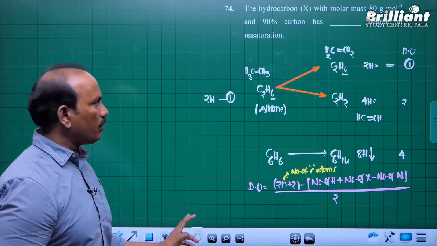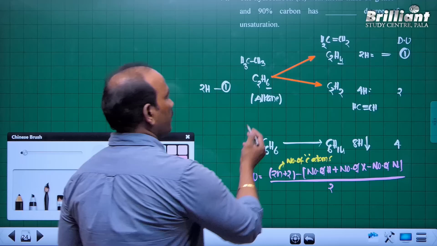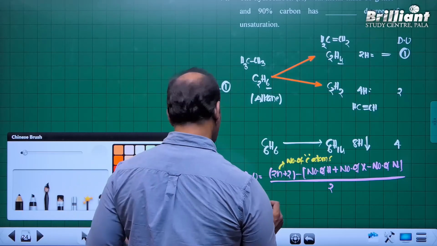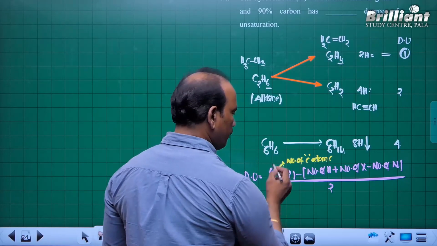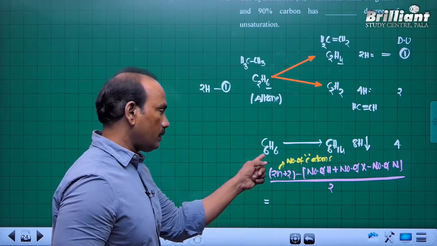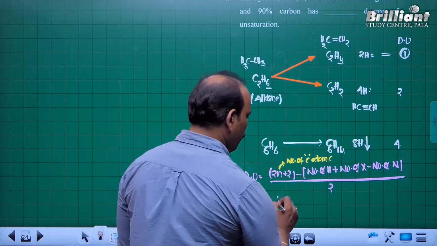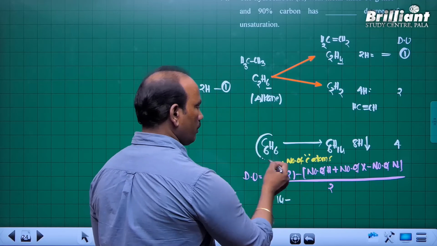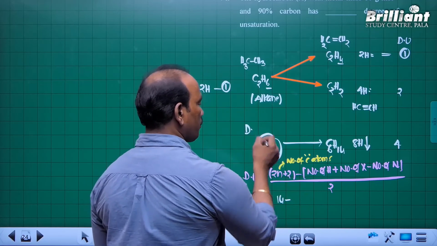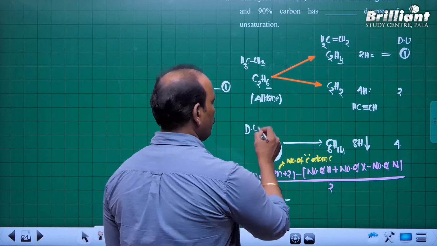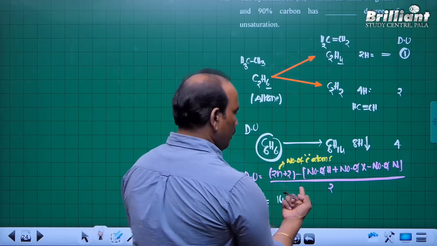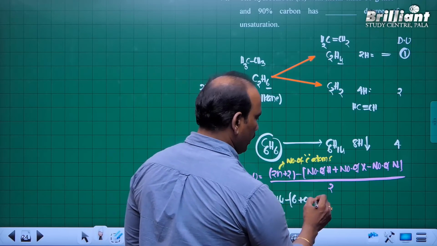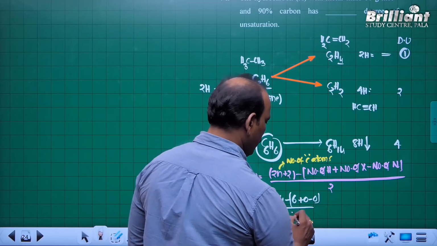Now apply it. I am taking benzene. What is the DU value? How many carbons are there? 6, so 14 minus how many hydrogens? Hydrogens 6, plus halogens 0, nitrogens 0, divided by 2.